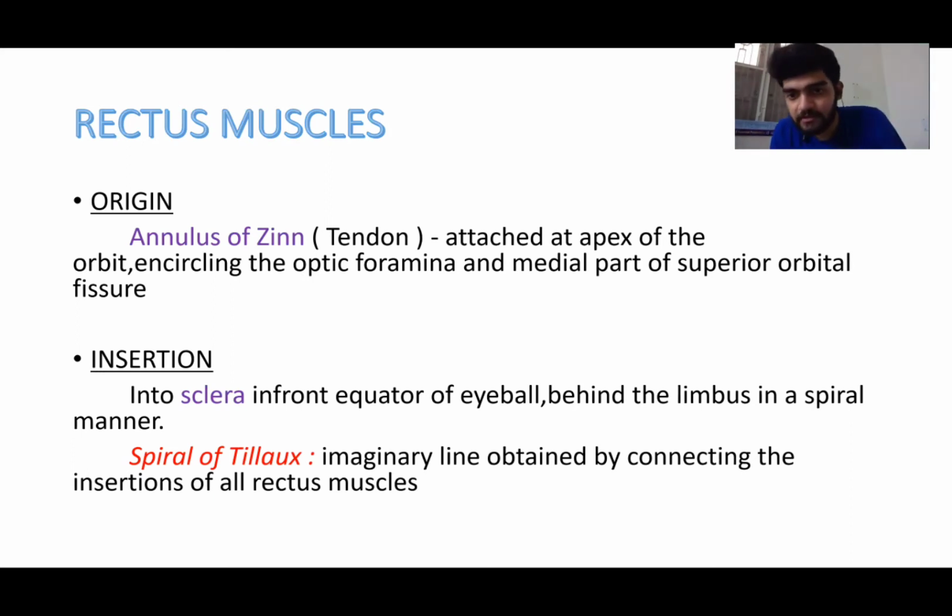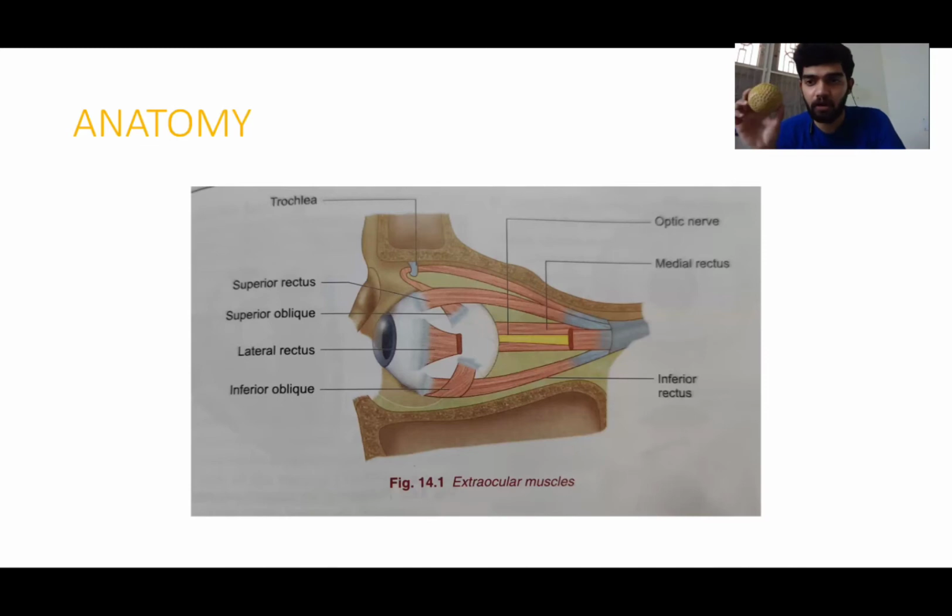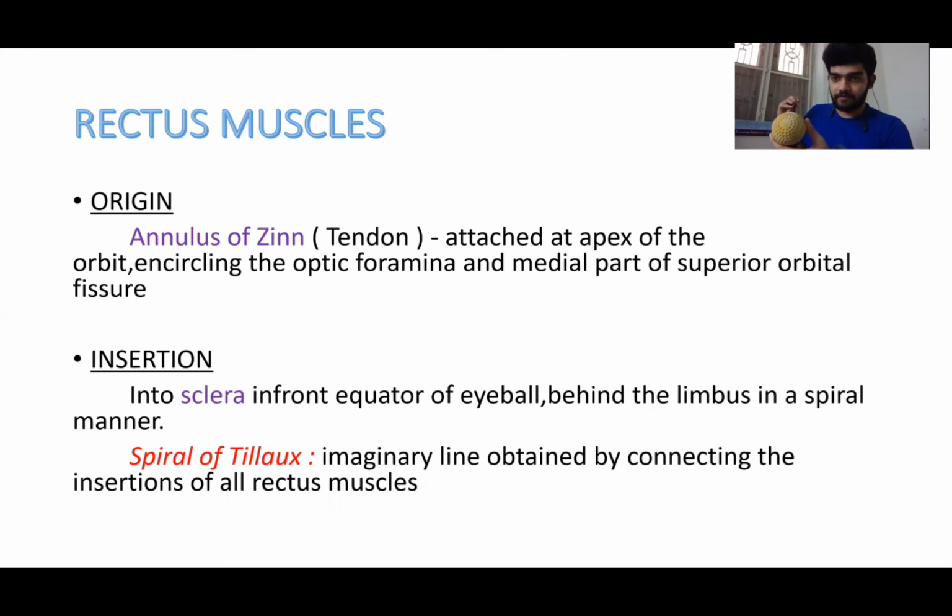Now I'll explain this in the video. Let us assume this ball as our eyeball, and this black line is dividing the eyeball into two at the equator, and here is the annulus of Zinn. It divides into four. From the top it comes and inserts into the sclera in front of the equator of the eyeball.